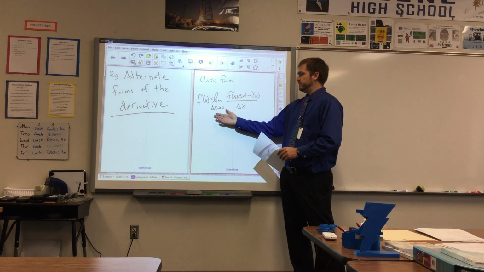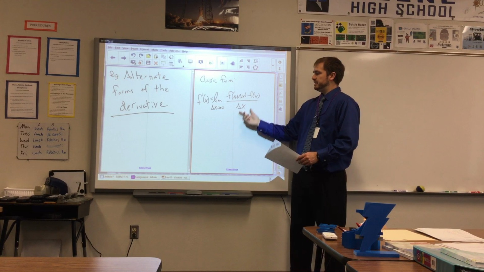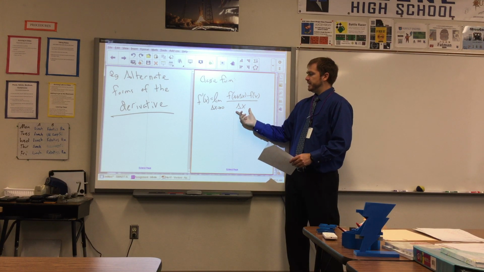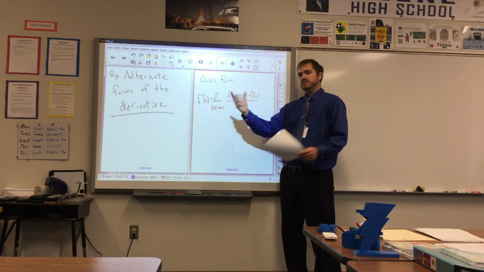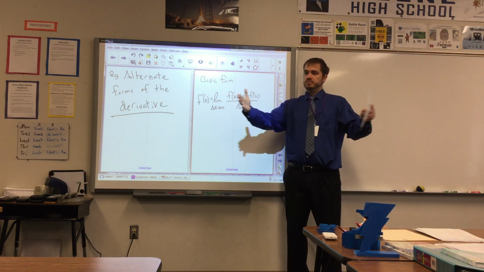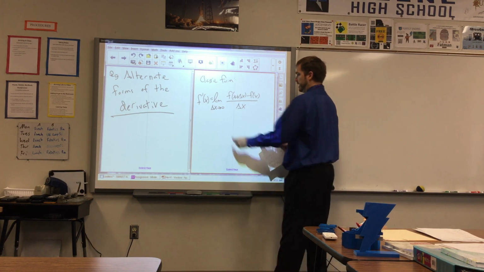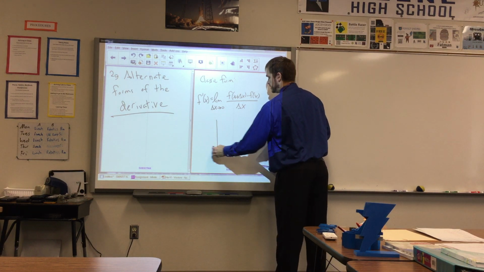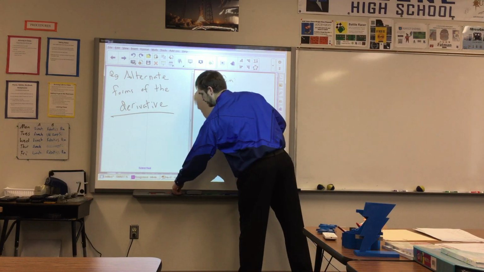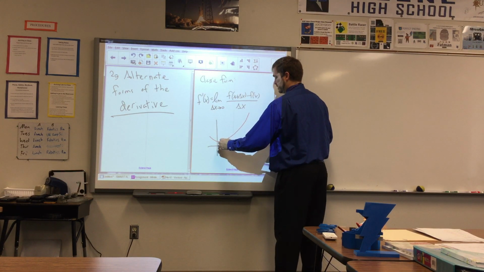And what we've discussed before is what it is. It's literally the slope of the secant line, but then you take the limit of that as the distance between your 2 points approaches 0. Okay? And the picture that goes with that should be some function comes along here.